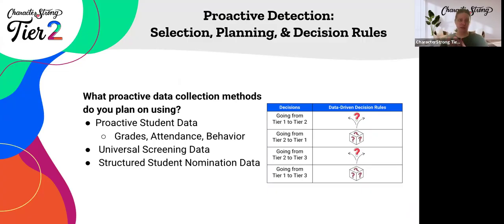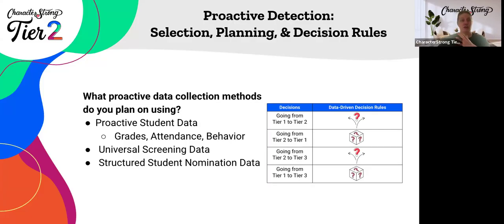So what types of data can you access to give you this information? First, we can utilize proactive student data. That can be our grades, academic screening data, attendance data, or behavior referral data. Sometimes we call this our early warning system data. Then there's any screening, so a behavioral screener or social emotional screener, screening data that would help us to flag students who may be at risk or high risk or not at risk.